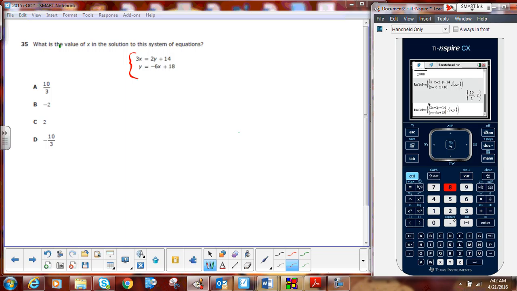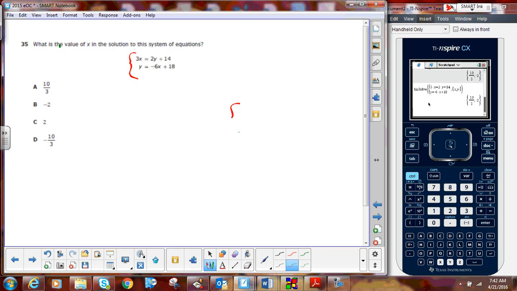Now after you plug in your equations, you press enter. So the answer will be 10/3 and 2. So guess what? This is the x value, this is the y value.